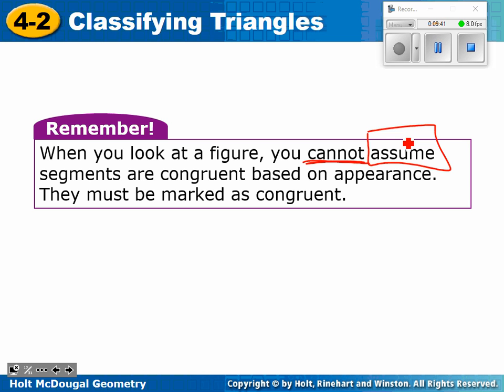They will purposely draw pictures not to scale because they're trying to check and see, do you know how to use the theorems you're learning? So you may get that the angle is 150 degrees and it looks like it's 60. Doesn't mean you're wrong. It just means the picture's not drawn to scale. So be careful. Don't assume anything. You can only go off what has been marked. Look at your markings. Okay, that's what's important.